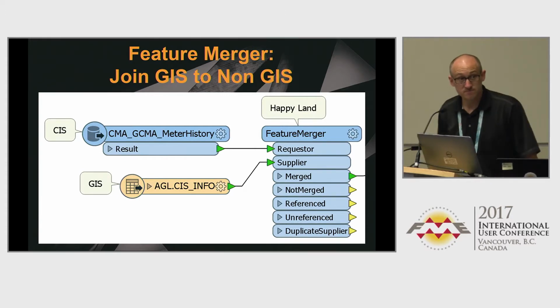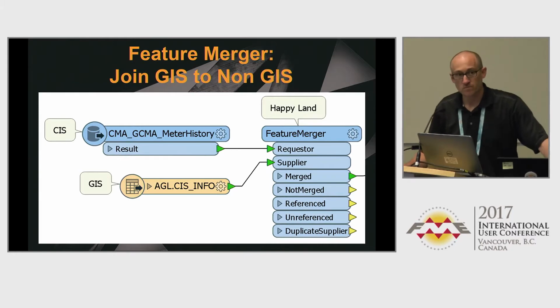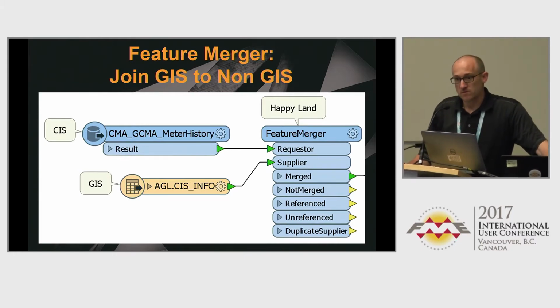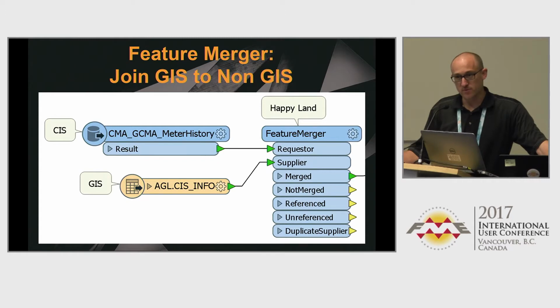Yes, sir. Once the joined data is coming out of the feature merger, how are you guys consuming that data? Web services or apps? Well, we're not actually consuming it with any web maps yet. I have plans. I've asked for us to get FME Server. So what I want to do is use this data to put it out to a SQL database so that we can consume it with Power BI and have dashboards out there for service center managers to just pull this data as they need it.